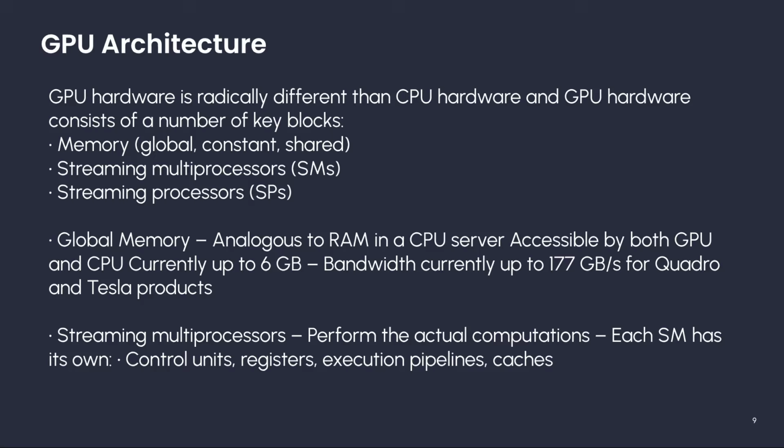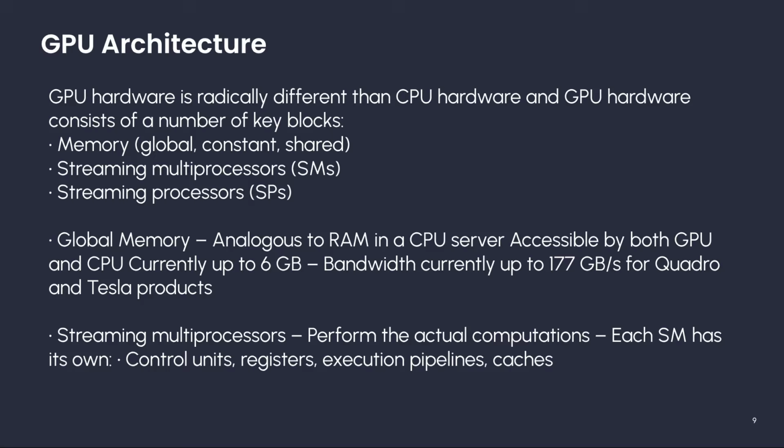But for higher end GPUs, it is at 48 GB. The max to max GPU घ्यायला गेलं तर. Currently bandwidth is up to 177 gigabytes per second for Quadro and Tesla products. RTX series किंवा A100 series याच्यापेक्षा पण जास्त पॉवरफुल आहे. सो ग्लोबल मेमरी म्हणजे GPUची पण एक सेपरेट रॅम असते, वी कॉल इट VRAM.